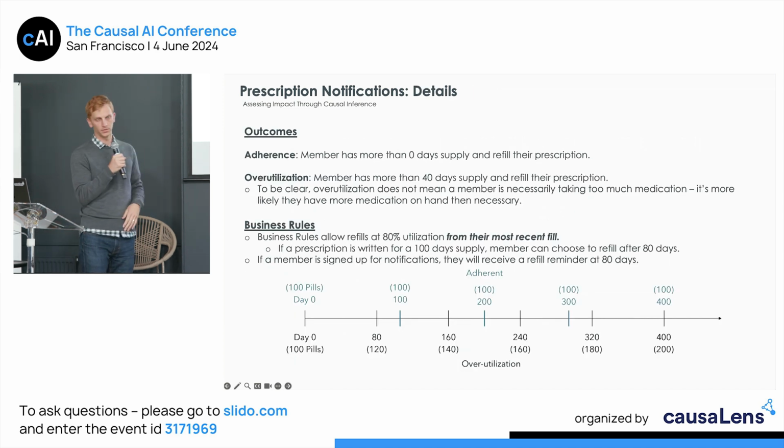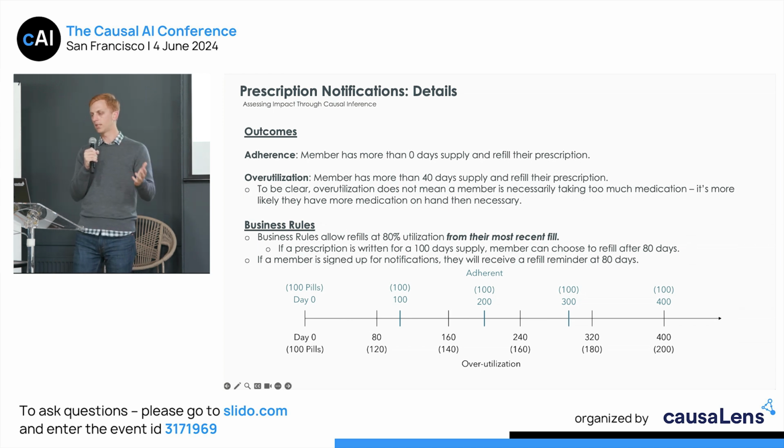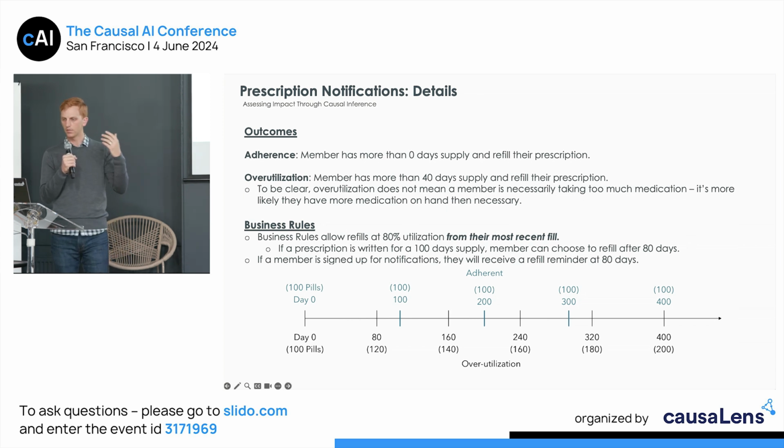In terms of our outcomes, I mentioned adherence and overutilization. Adherence, very simply: a member who has more than 0 days supply when they refill their prescription, or if they just refill that prescription on that 100th day, we consider them adherent. For overutilization, you can think about this in many different ways. After conversations with pharmacy, we decided to land on 40 days supply. If a member has more than 40 days supply and then refills that prescription, we consider that medication overutilization.